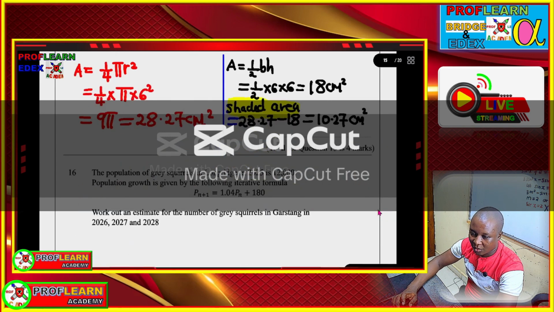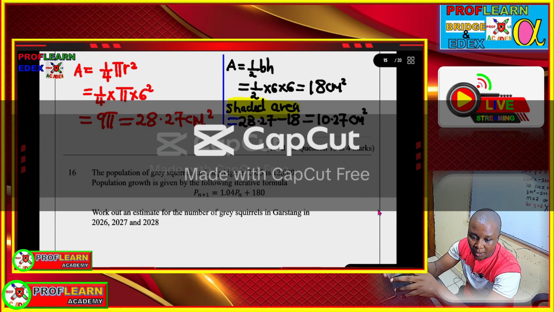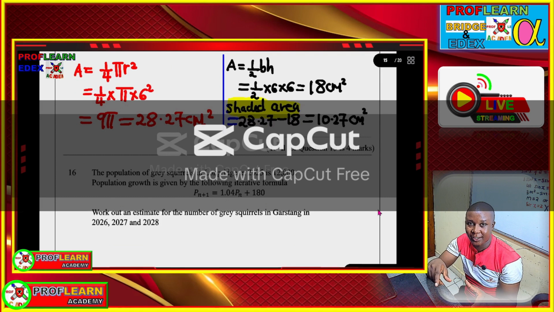Let me adjust this so that we can move to the next question. Question number 16 is about iteration, how to use the iterative formula. In my prediction, which I did in the previous part, I considered that this question number 16 would be tested in paper 3.